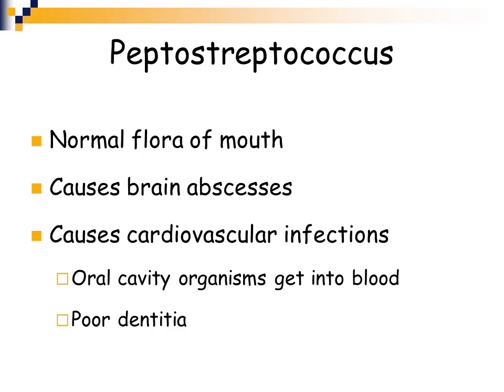And usually this is more common in individuals that have heart issues, underlying heart disease, they've had heart valve replacement, they have poor dentition, poor oral hygiene. Those types of things will be more common risk factors for cardiovascular infections caused by Peptostreptococcus.